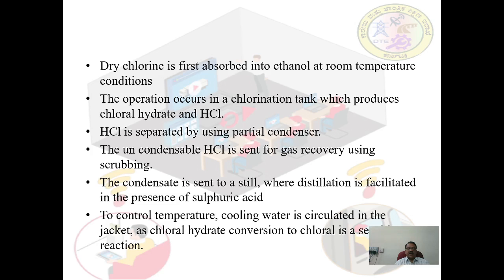Then the uncondensable hydrogen chloride is sent to a gas recovery unit, where it is recovered by scrubbing with water. The condensate is sent to a still where distillation is facilitated in presence of sulfuric acid.